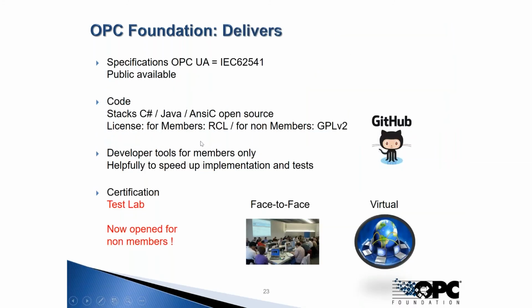What is exactly what the foundation is delivering? First of all, the specification is an international IEC standard, which is publicly available for everybody. You just have to register on the OPC web and can download it. You don't have to be a member. Second, code. We deliver stacks in different languages, which is also available on GitHub as open source. But here we have a so-called dual license.